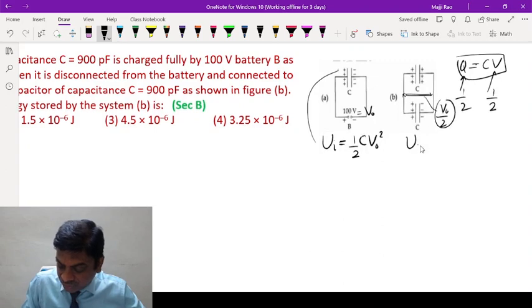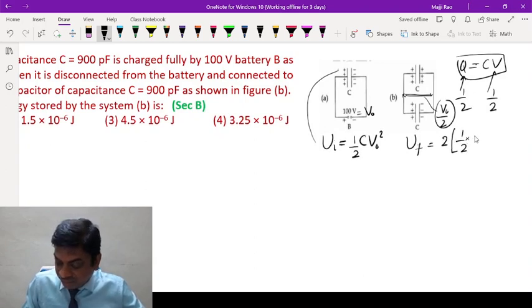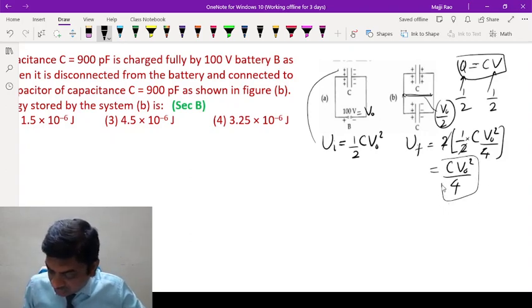So the final potential energy will be twice the potential energy of any one of them. For any one of them it is half C into V naught by 2 whole square, so this is basically C V naught square by 4. So this is the energy stored.